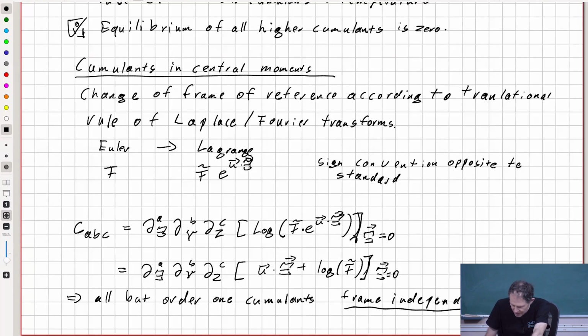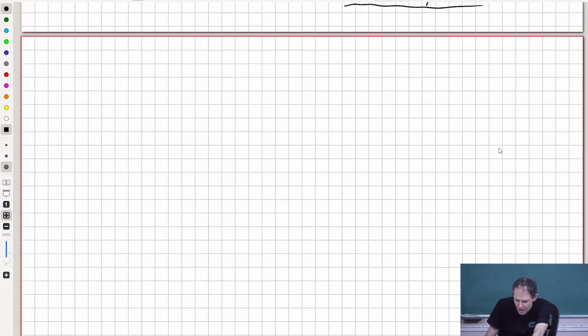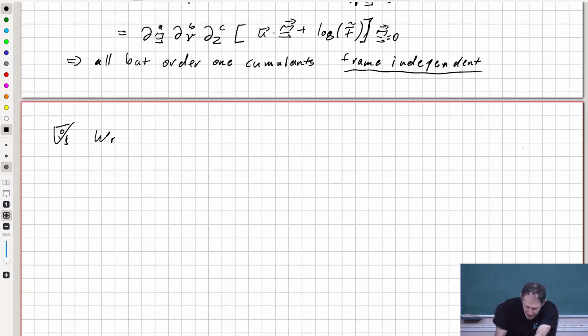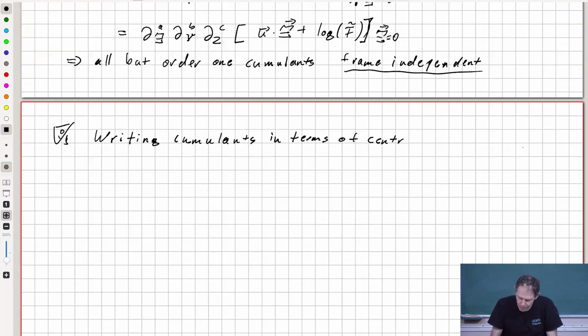Okay, next page. So, in practice, we prefer to write the cumulants in terms of central moments, because this is more efficient than in terms of raw moments.